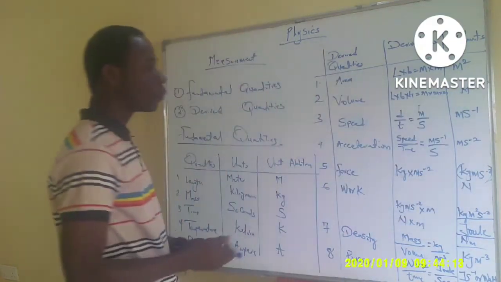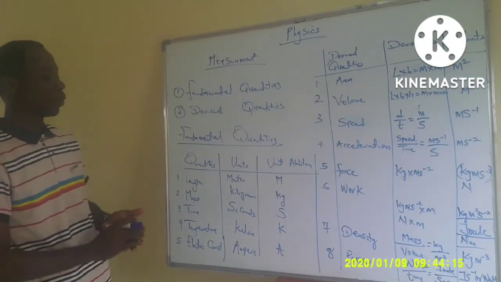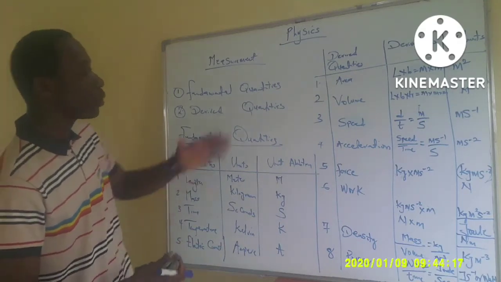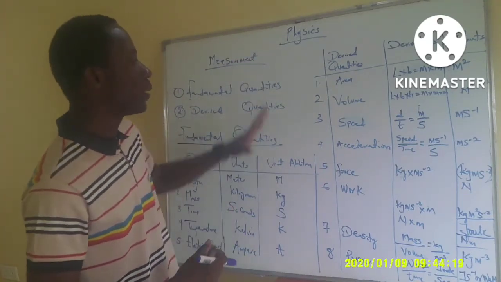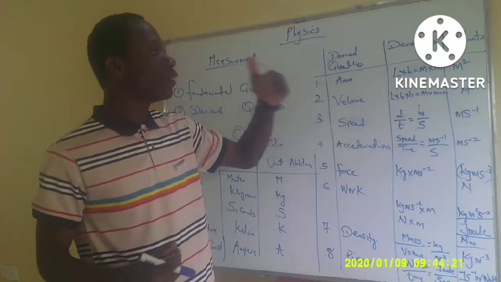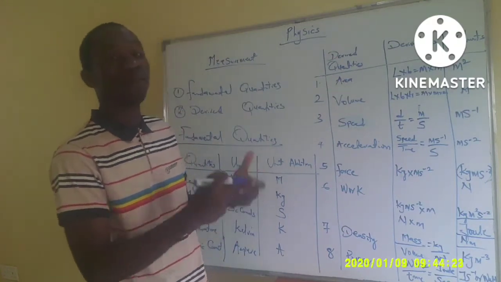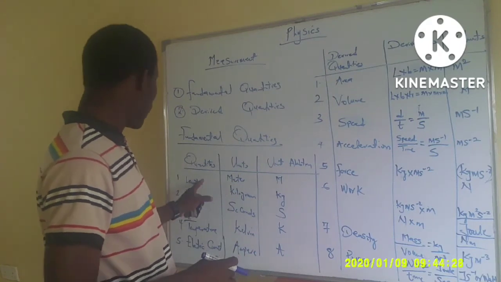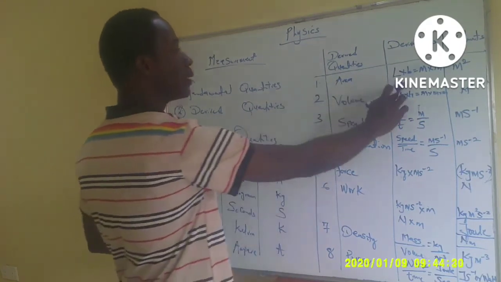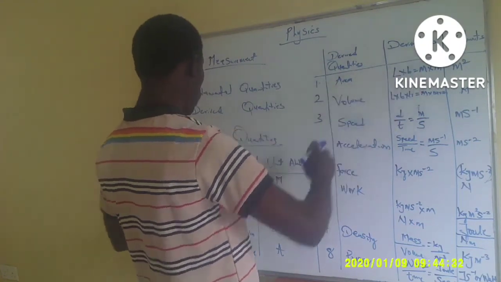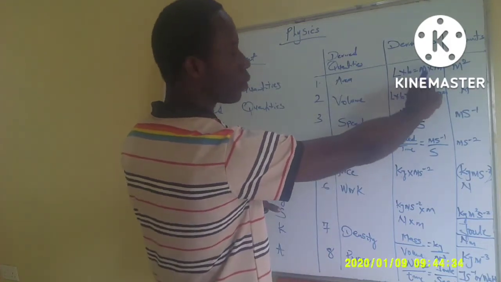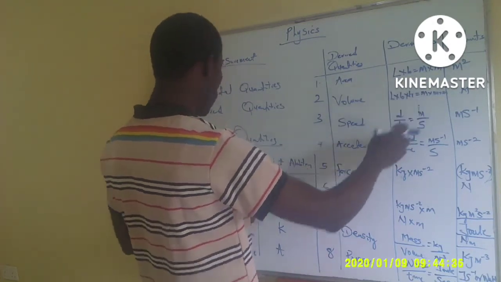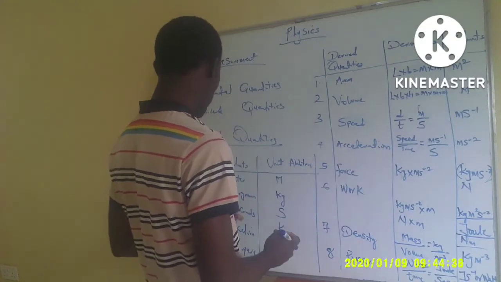So those are the basic derived quantities we are going to treat. There are a lot of them, but you just understand how we derive these, and note that the derivations are with respect to the fundamental quantities length, mass, and time. Length, which is meter; time, making reference to seconds; then mass, which is kilogram.